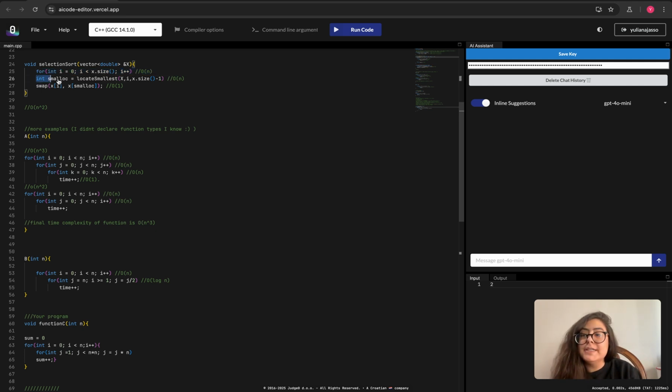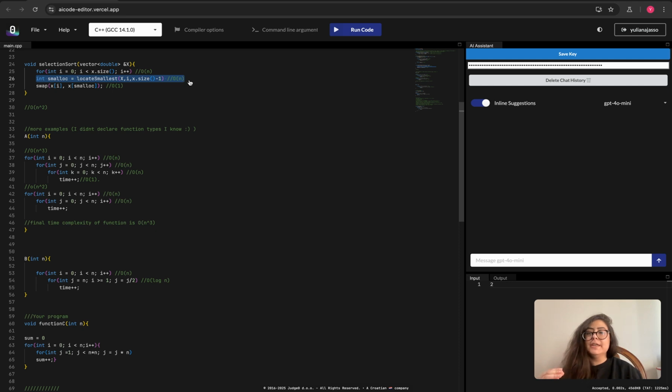The second one is also O(n) because we obtain the smallest location of our integer in the vector, and then we have our small one over here, right?